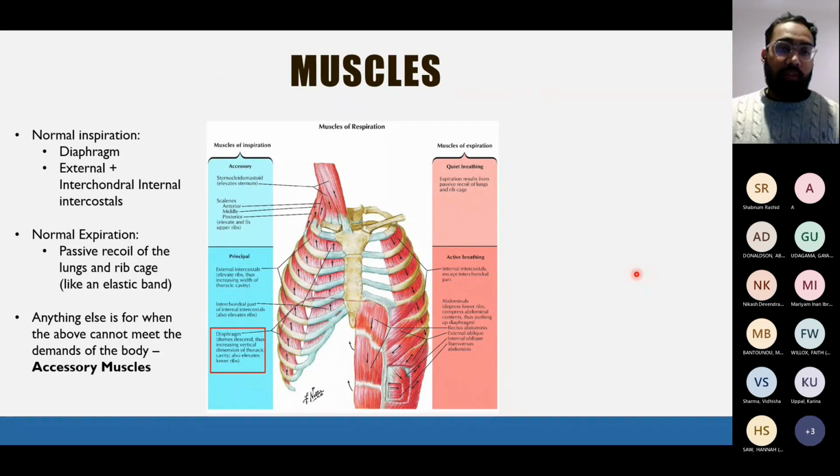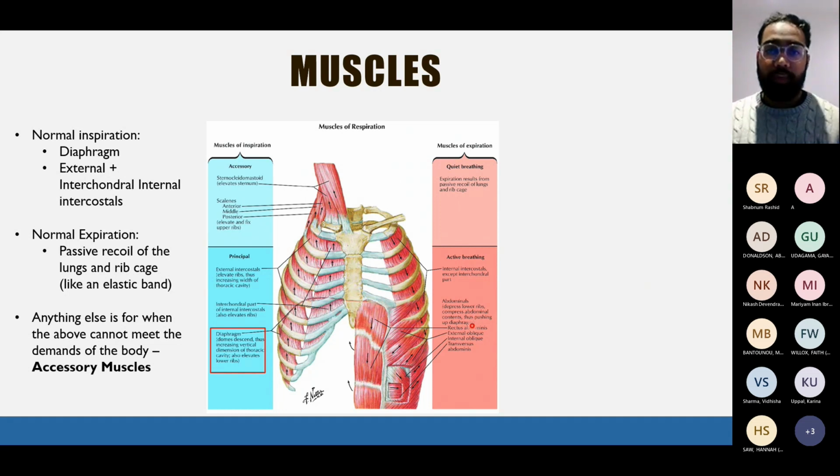So now going on to the muscles. The whole function of the muscles around the rib cage is to facilitate ventilation. Normally at rest, I mean, hopefully all of you are at rest, sitting down watching this lecture, not out of breath. And in that case, when we're just resting and we don't have a high oxygen demand, we use our principal muscles of respiration.